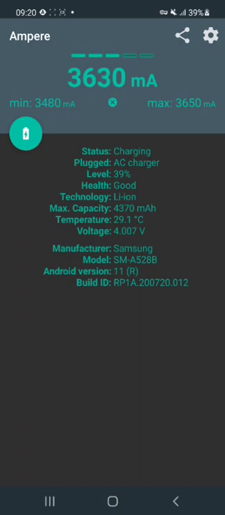So that's what it seems like. It seems like the scaling governor is actually broken.